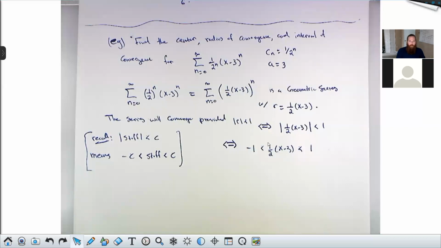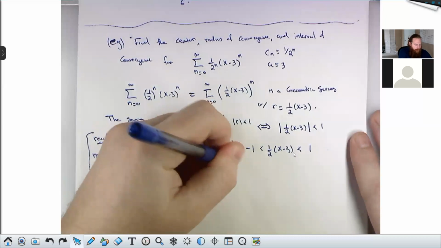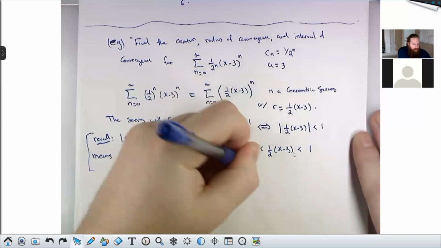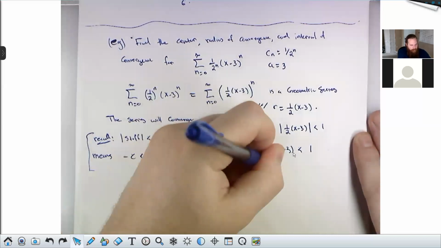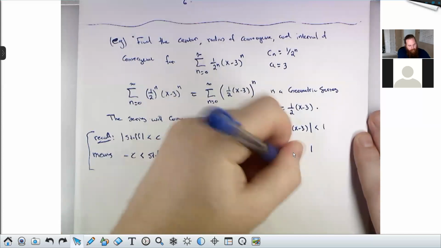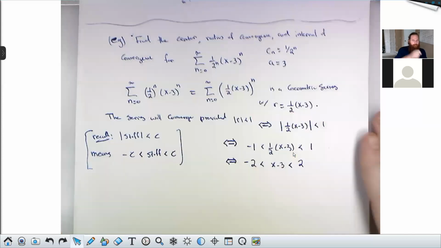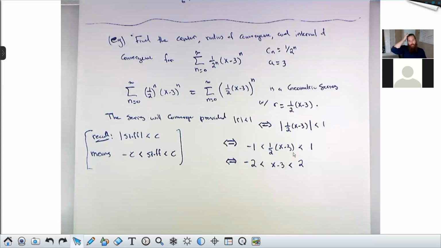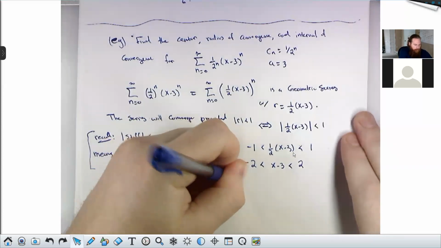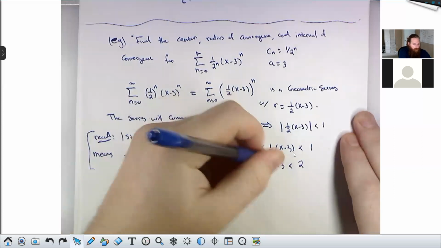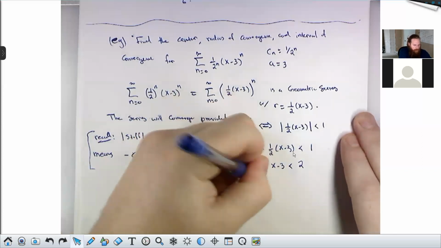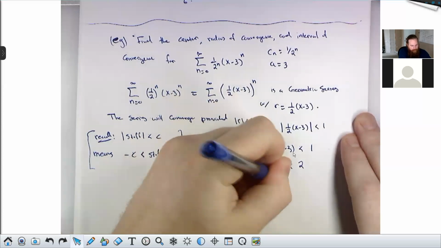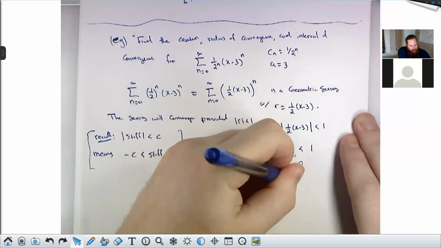Following my normal order of operations, I got to get rid of the 1/2 first, so I multiply through by 2. And I get -2 is less than x minus 3 is less than positive 2. And then I add 3 everywhere. So I get -2 plus 3, that's 1, is less than x is less than 2 plus 3 is 5.